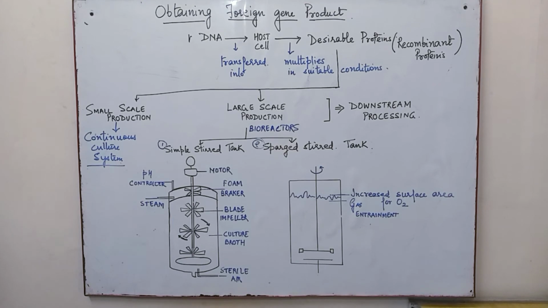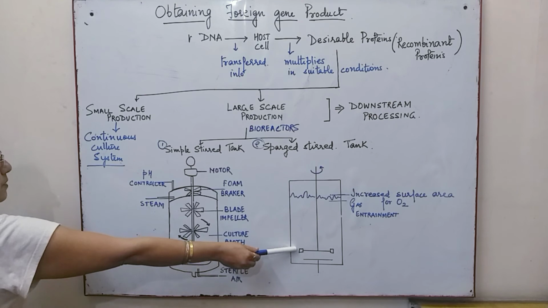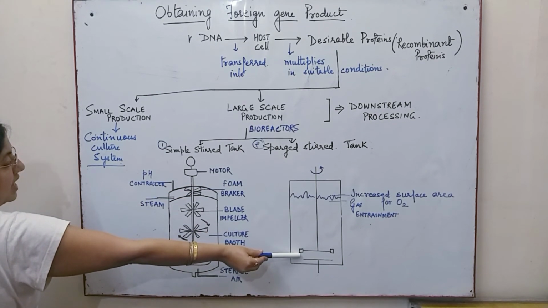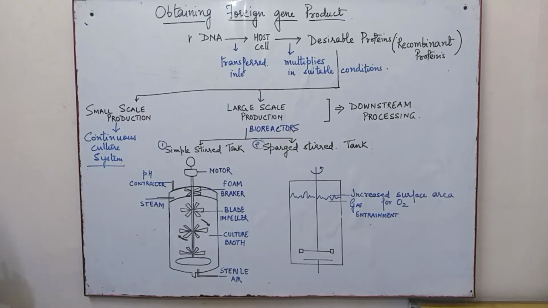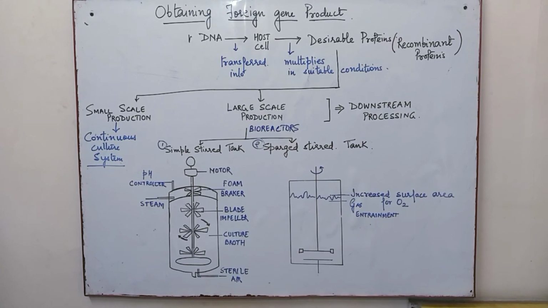Also you can see the motor which helps in rotating, and this is from the bottom, because the motor is attached over here, so this keeps on rotating, and inside the culture broth is mixed up nicely with the help of this motor, and oxygen is provided so as to have the maximum production.